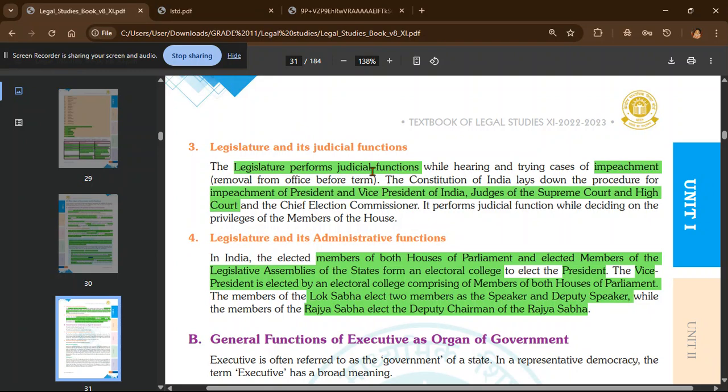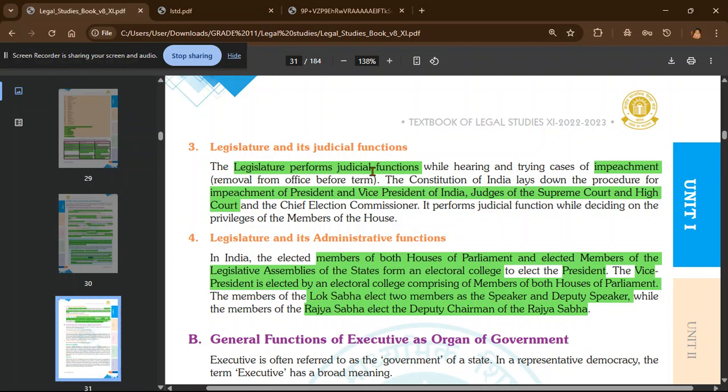Then fourth point is legislature and administrative function. So in India, the elected members of both Houses of Parliament and elected members of legislative assemblies of the states form your electoral college. So to elect your president, the vice president is elected by your electoral college, comprising the members of both Houses of Parliament, Lok Sabha and Rajya Sabha.